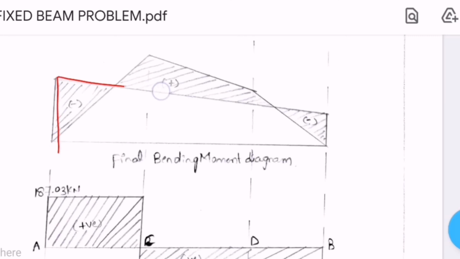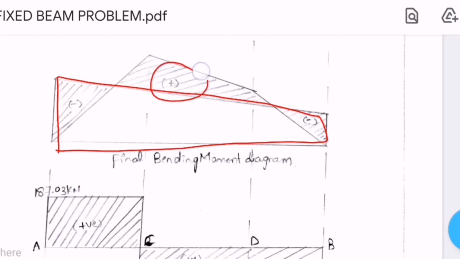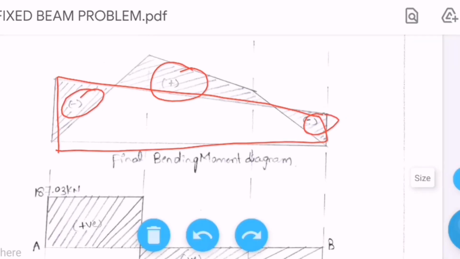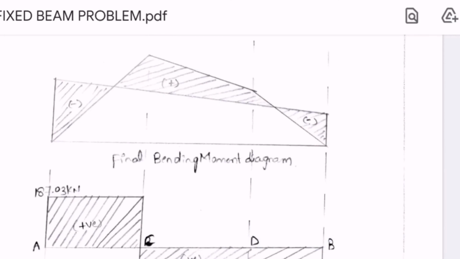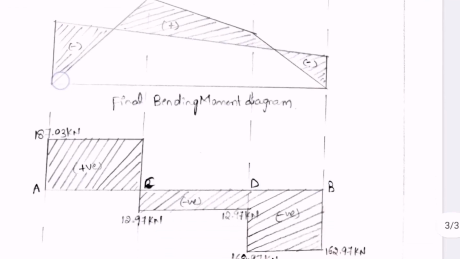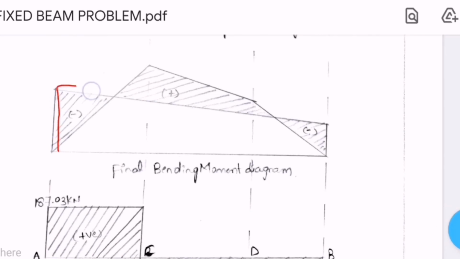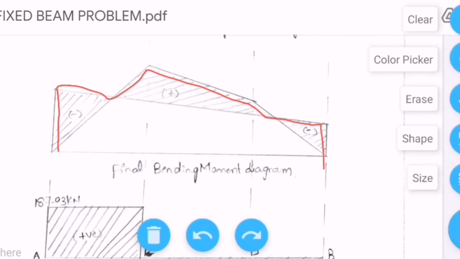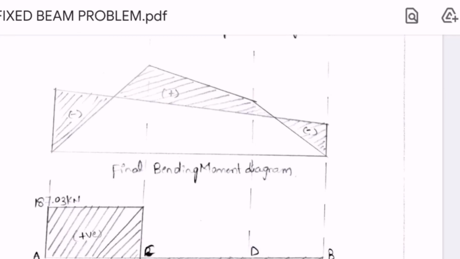The area which is above the fixed end diagram is taken as positive, and the common area which is below the fixed end diagram is taken as negative. Due to that fixity, the diagram can also be considered like this. This will be the final diagram actually, but we have to merge both of them, hatch, and draw the negative and positive signs.